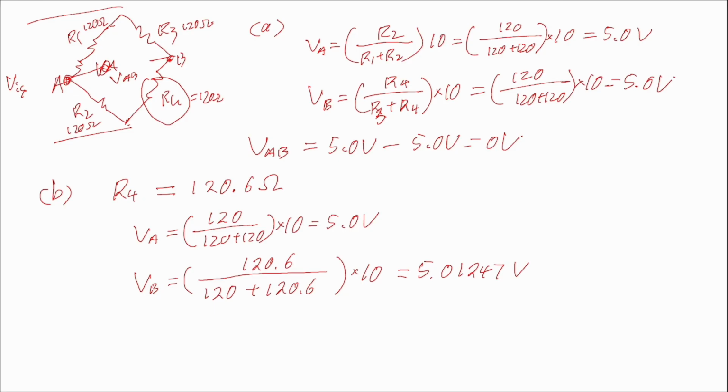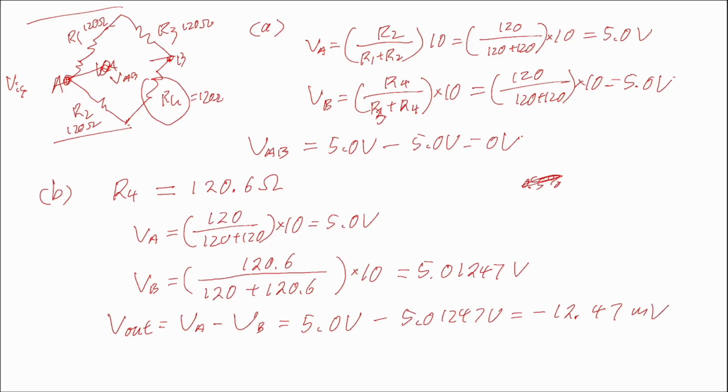So the voltage between V_A and V_B, which means the V out, which is V_A minus V_B, should equal 5.0 volt minus 5.01247 volt, and you will get minus 12.47 millivolt.